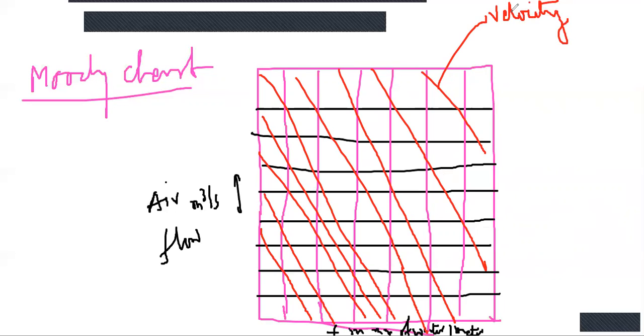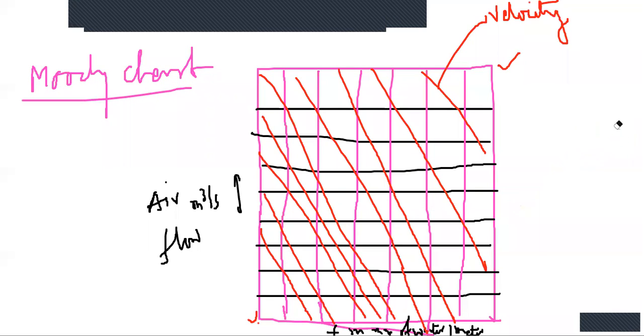Velocity lines. Okay. From this corner to this corner, velocity increases. From here velocity is 2 meter per second. Here is 100 meter per second. That is the concept. Okay.